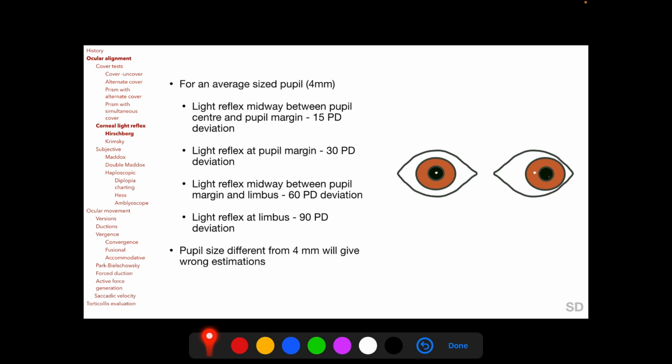If the light reflex in the second eye is between the pupillary margin and the limbus, the ocular deviation is considered to be 60 prism diopters. And if the light reflex is at the limbus, the ocular deviation is considered to be 90 prism diopters. However, pupil sizes significantly different from 4 mm in diameter will give wrong estimations of the deviation.